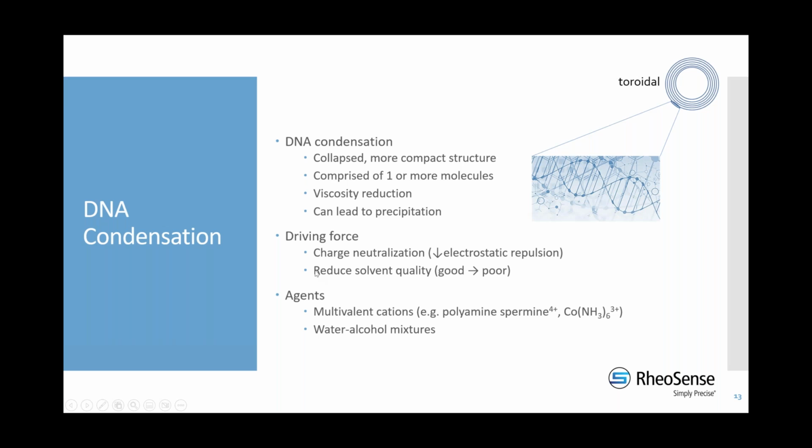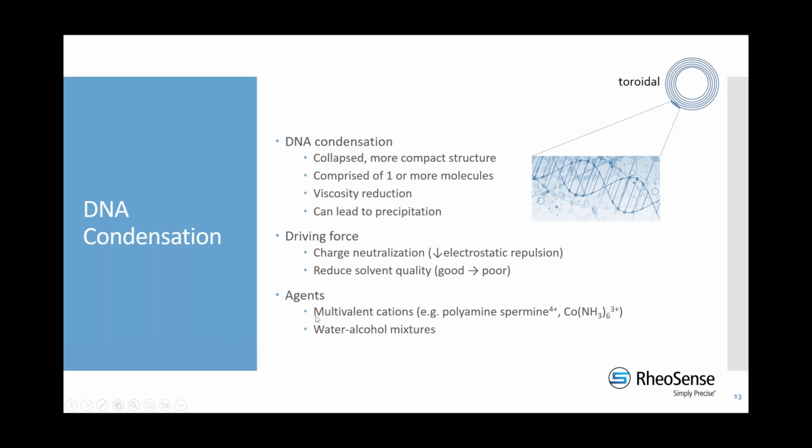Also, if you reduce the quality of solvent, for example, by adding ethanol to DI water, the DNA molecule will collapse and form the condensed structure. So changing the solvent and not necessarily adding charge neutralization agents can also be the driving force for creating condensed or compact structure in DNA molecules.